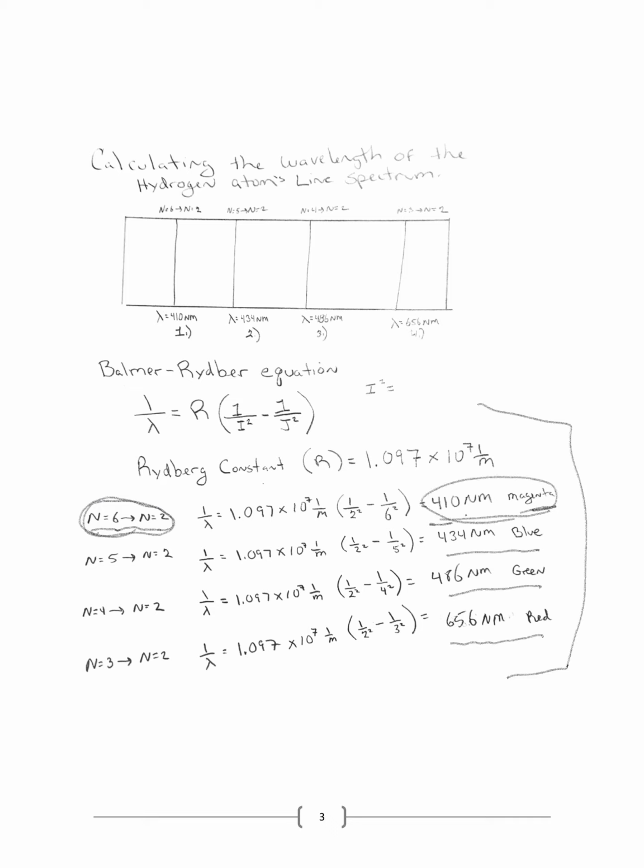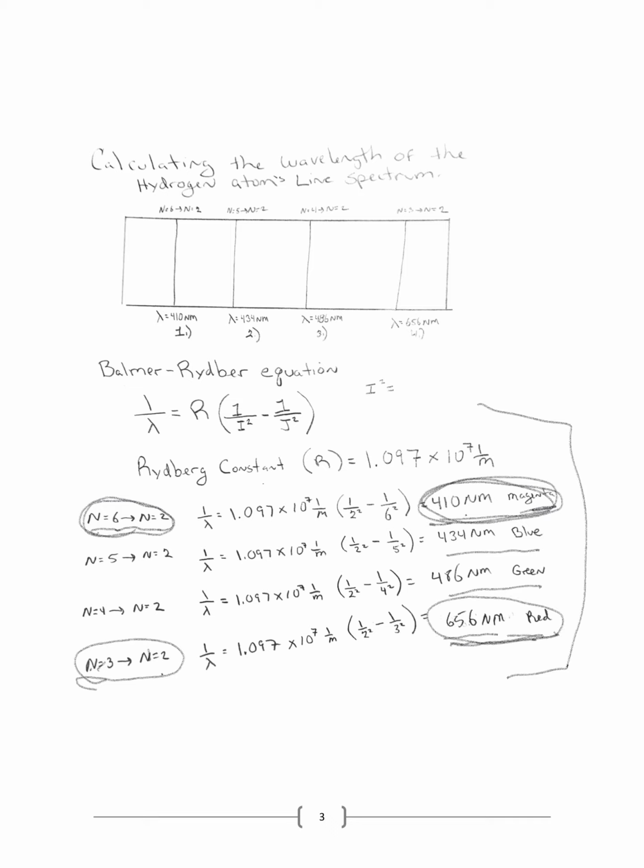This is a higher frequency. In other words, this has much more energy than if you go just from the N3 to the N2. When it falls from the N3 to the N2, it's going to release light that is 656 nanometers, which is red.